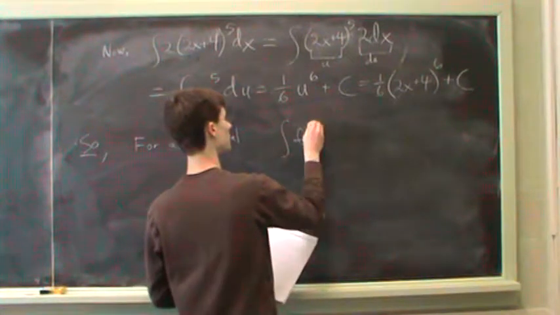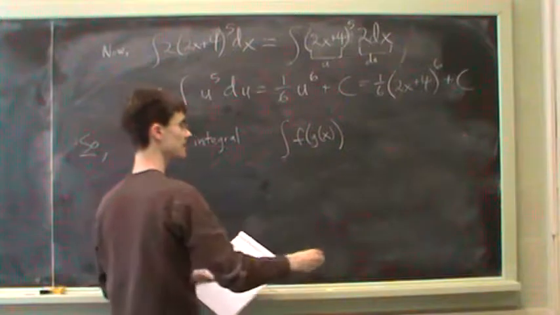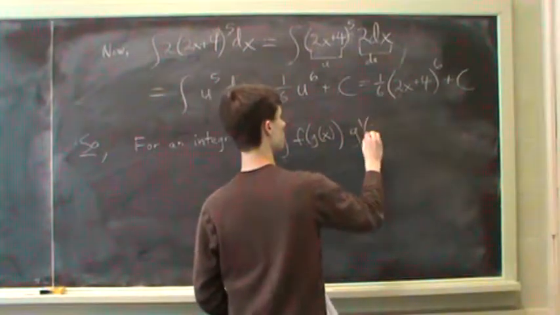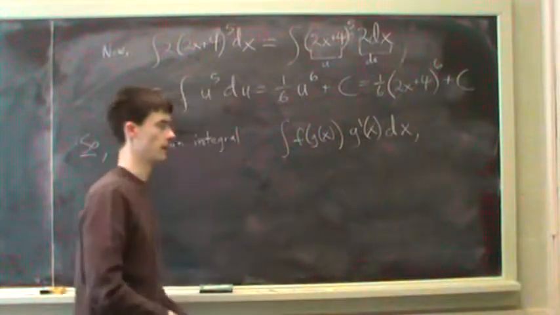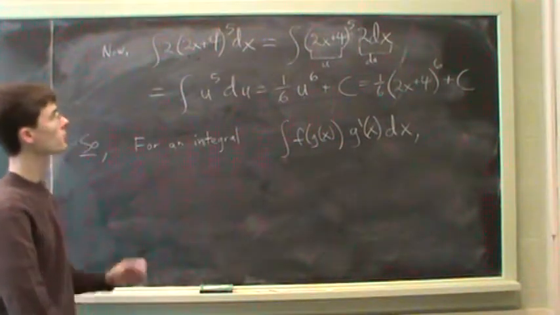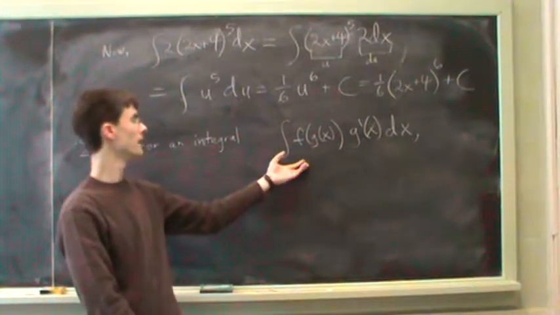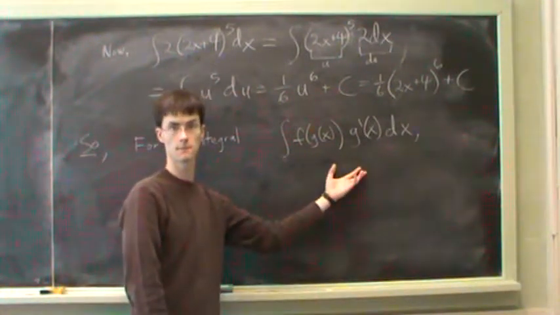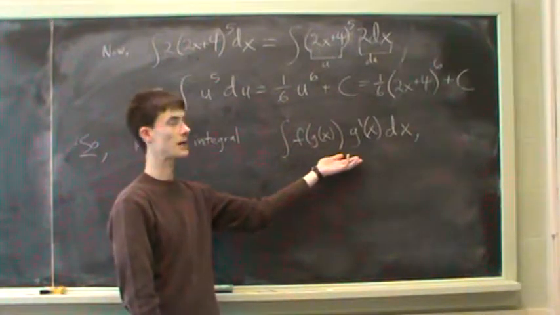We're integrating f of g of x times g prime of x. So you want to look at your problem and try to put it in this general form. You want to somehow make it look like this.